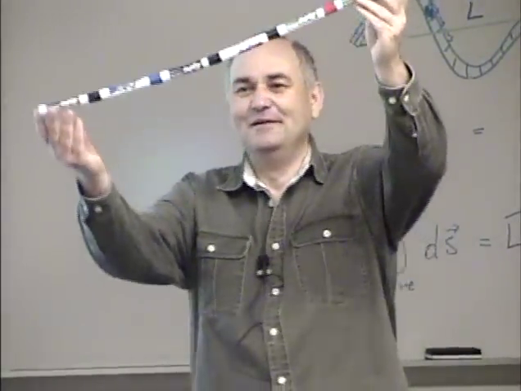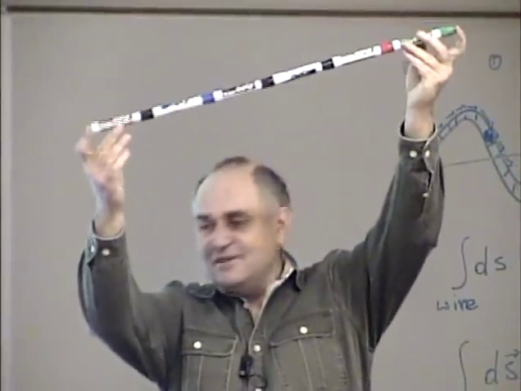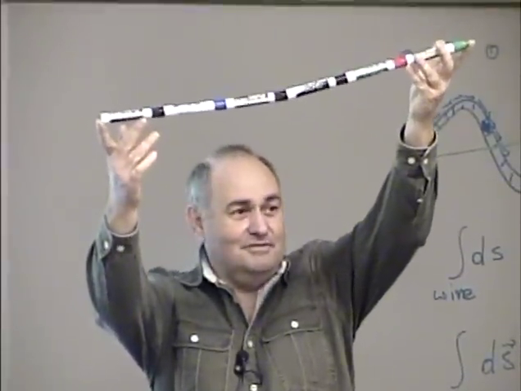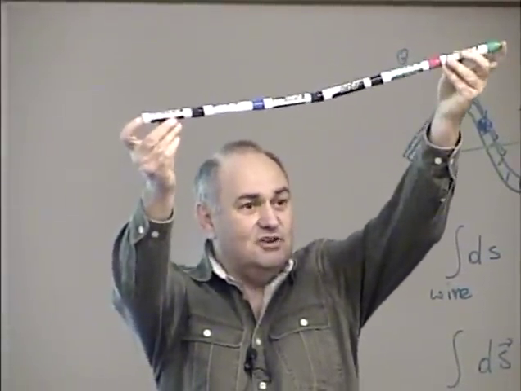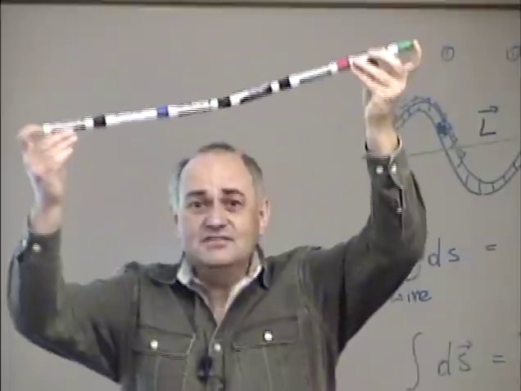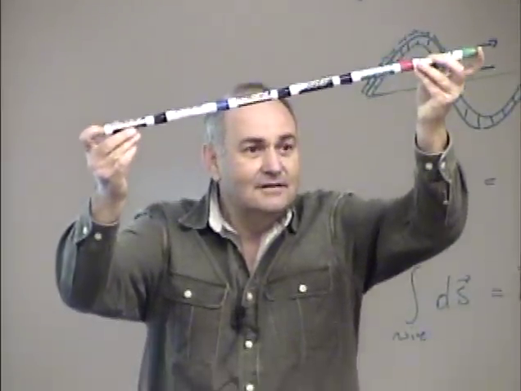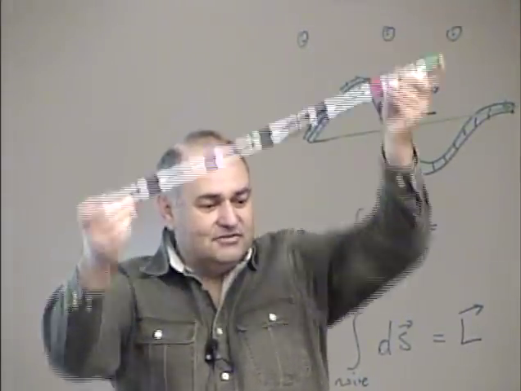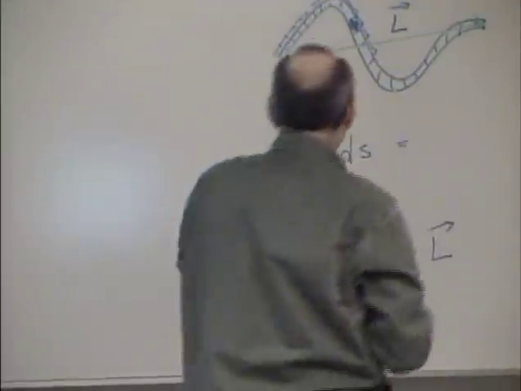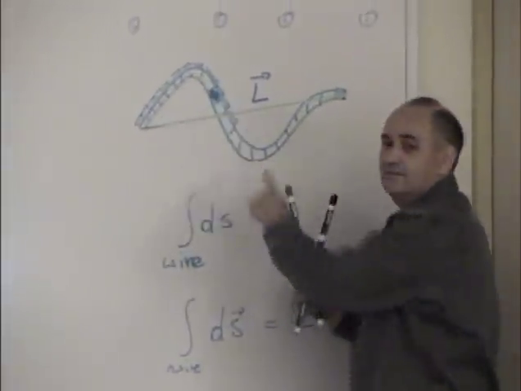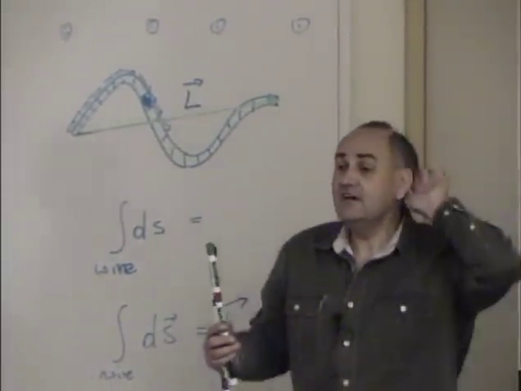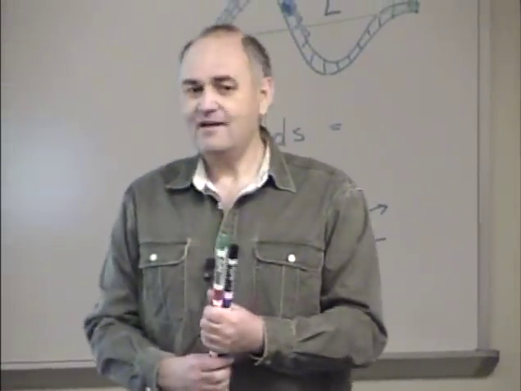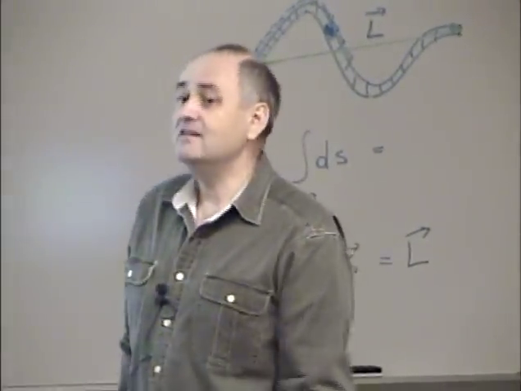Well, what do you see here? It's a rod, right? It's an object. If I assemble those segments, I get an object. So what will happen if I assemble all pieces of the wire? I will get the wire. Right, so if I add the segments, I will get the wire.